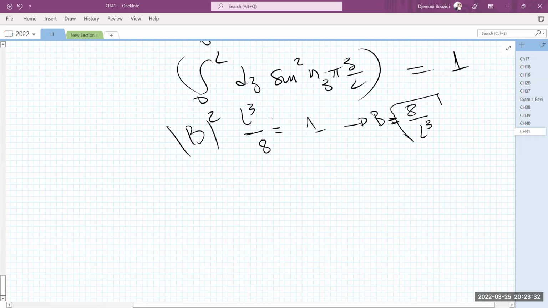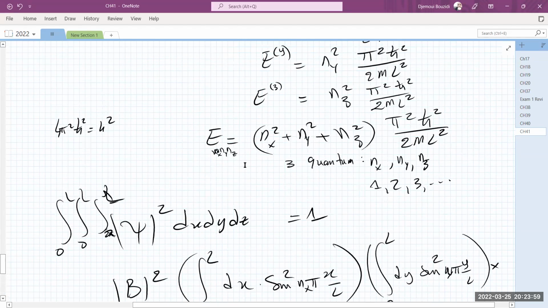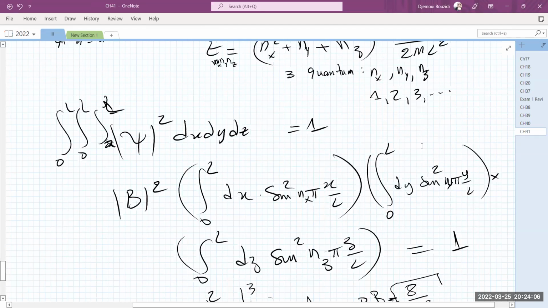Here is the thing. The lowest state, of course, corresponds to nx equals ny equals nz equals 1. Because all of them start from 1. And if that's the case, the energy becomes the energy of the 1, 1, 1 state. Remember, E111 is just 1 squared plus 1 squared plus 1 squared, which is 3, times pi squared h bar squared over 2mL squared.